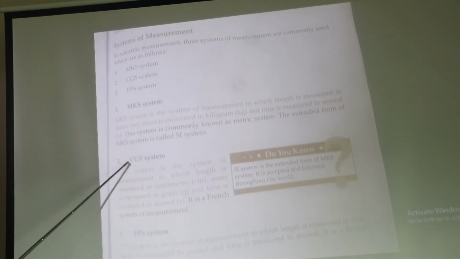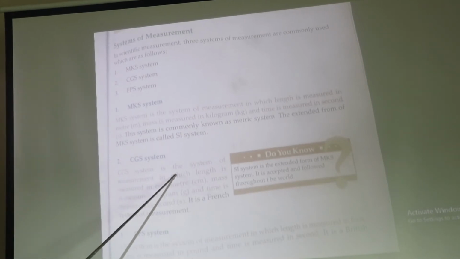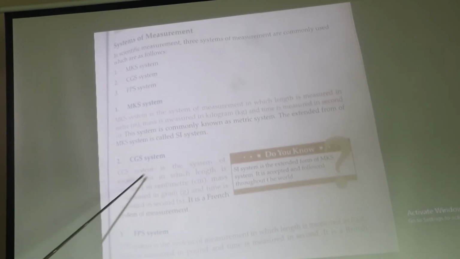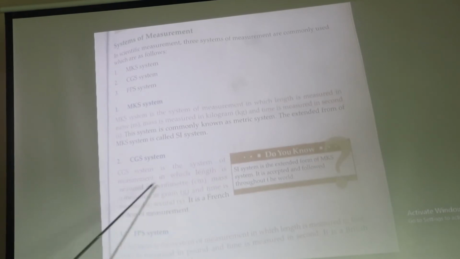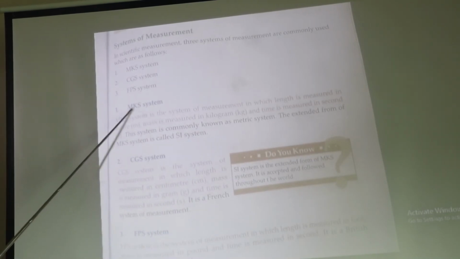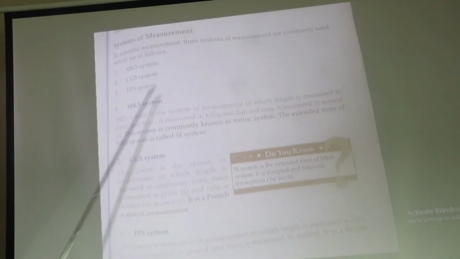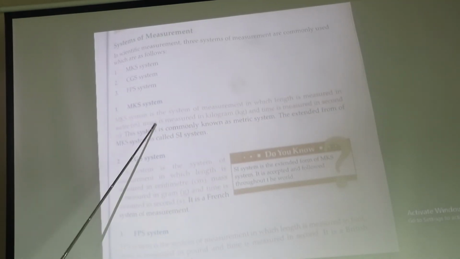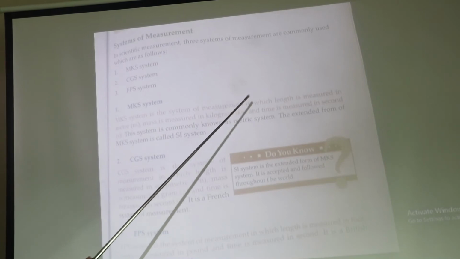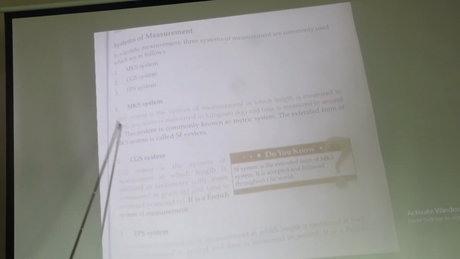Now, number 2, CGS system. Remember the capital letters? CGS system is the system of measurement in which the length is measured in centimeter. In MKS system, the length is measured in meter, mass in kilogram, and time in second.